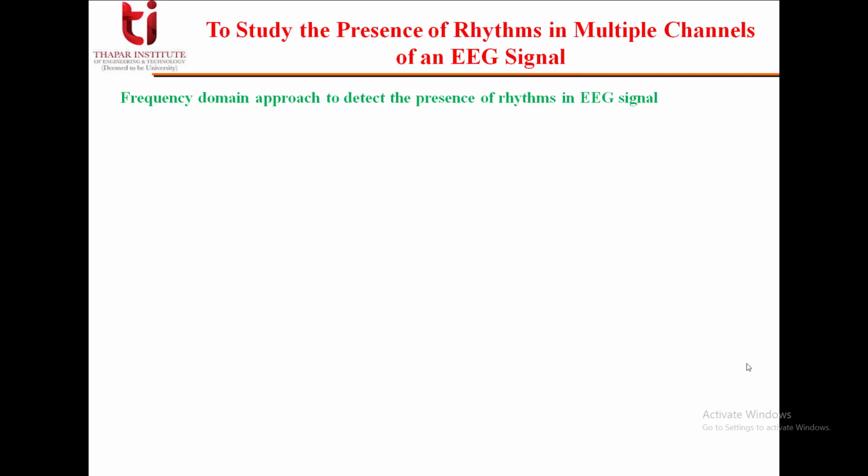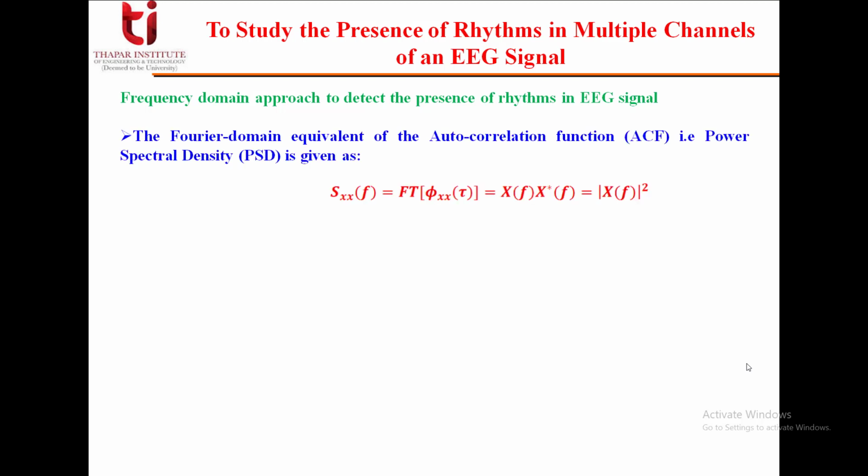So now let's study the presence of rhythms in multiple channels of an EEG signal, and we'll see the frequency domain approach. As I mentioned, the Fourier domain equivalent of the autocorrelation function ACF is the PSD, power spectral density.